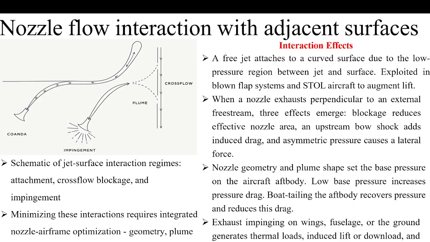Already you know what a normal shock, an oblique shock, and a bow shock are. A bow shock is generally formed in the shape of a bow or a triangle at sharp conical edges. And impingement on your wings, fuselage, and the ground, or thermal loadings, can cause induced lift or downward wash, which results in drag generation.